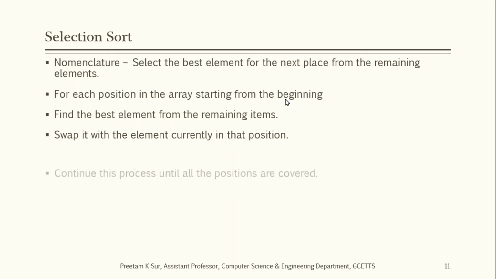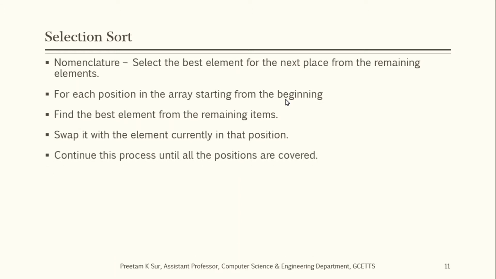We swap it into the position, so the second minimum element comes to the second position. This process will continue until we scan the whole array, until all the positions are covered, meaning all the elements got sorted. Okay, so this is how the selection sort is done.